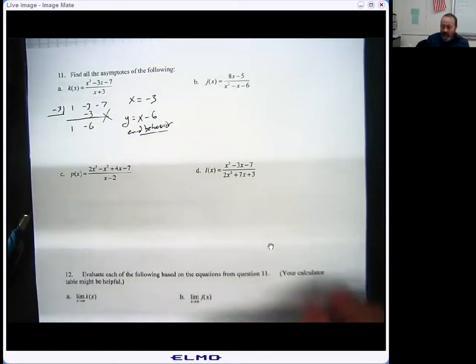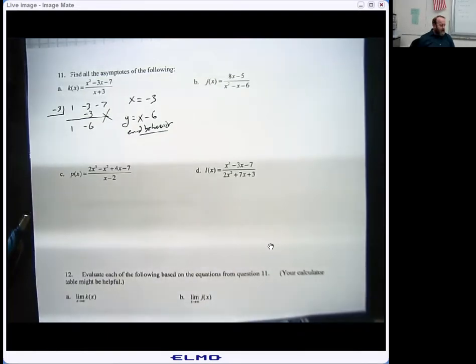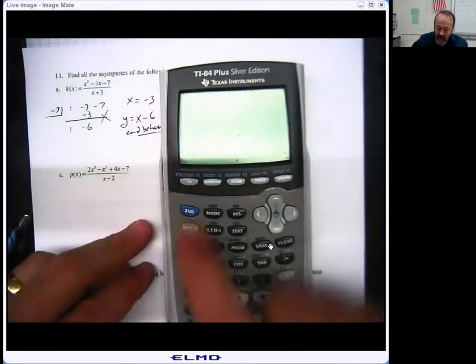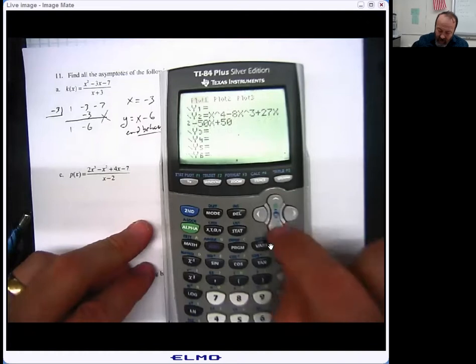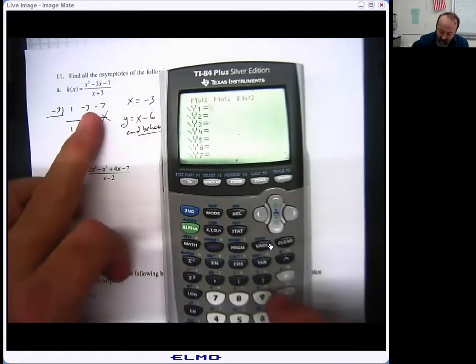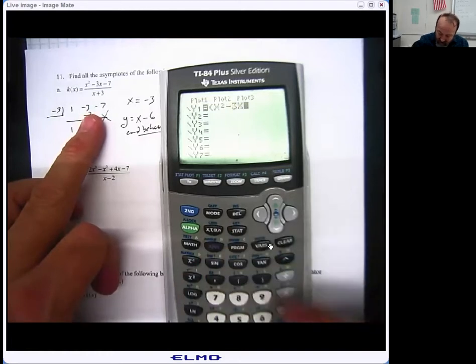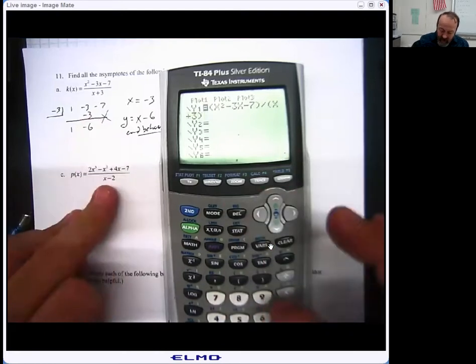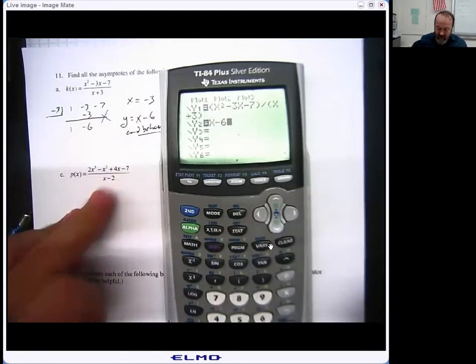One thing that can be helpful to do, kind of looking to see where I put my calculator down, and I don't have this one pre-set up, so it's just going to take me a second to do that. But if I go ahead and I type in my problem, which was x squared minus 3x minus 7 over x plus 3, and I go ahead and I type in x minus 6, that's my asymptote.